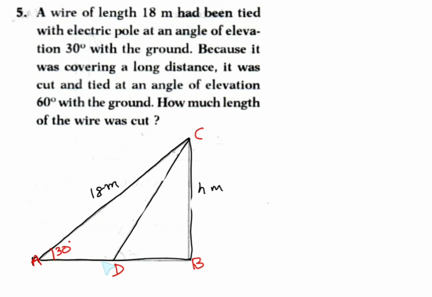The wire was cut and again tied here. Now its angle is 60 degrees. When the wire is cut and tied again nearer to that pole, it makes an angle of 60 degrees. How much length of the wire was cut?